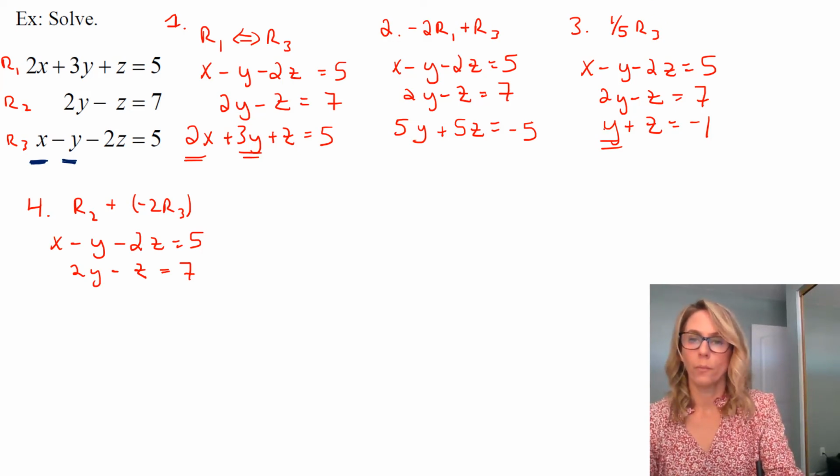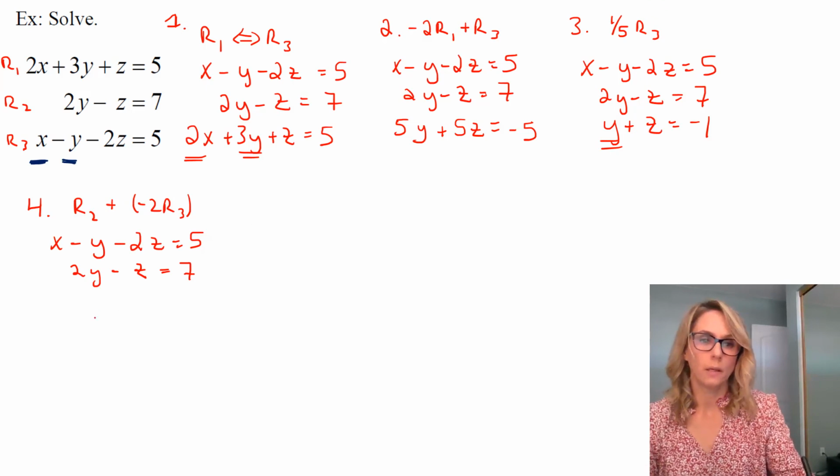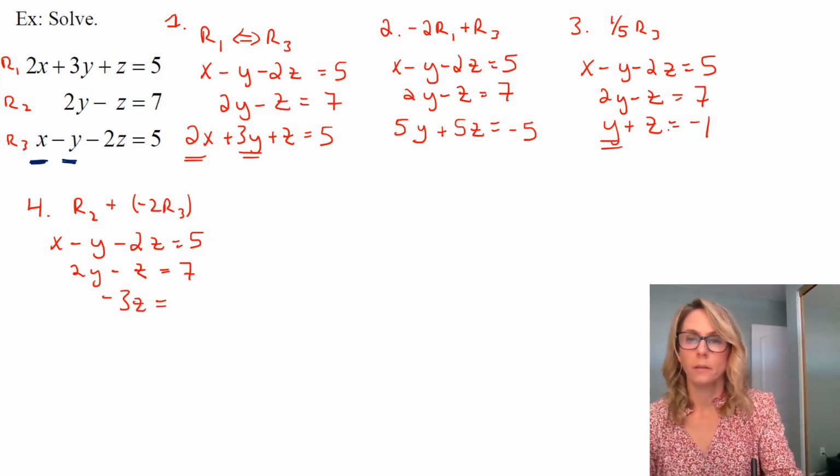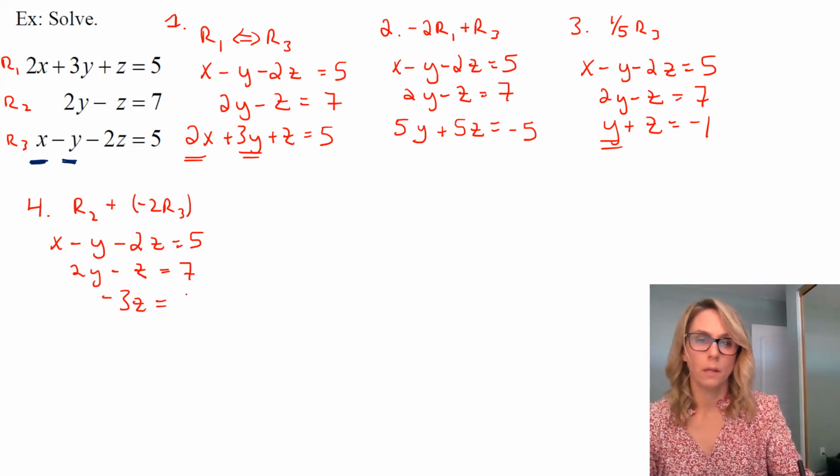So we will have -2 here plus -2y plus 2y, that will be gone. -2z plus -z is a -3z, and 2 plus 7 is 9.